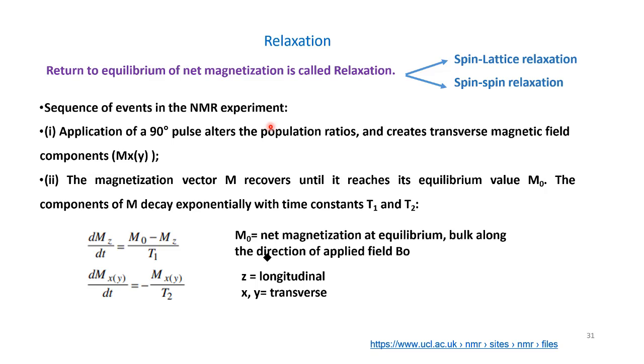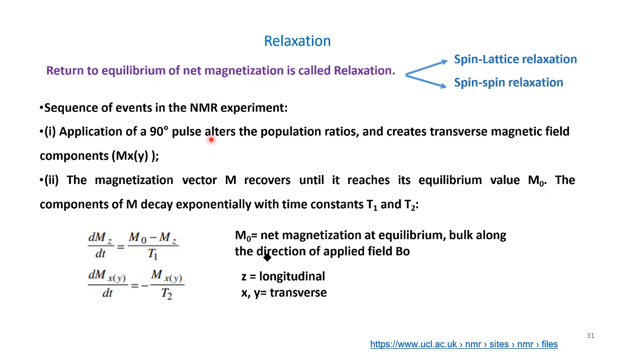The sequence of events in the NMR is application of a 90-degree pulse, which alters the population ratios, that is, the number of nuclei at the lower level and at the higher level, and creates transverse magnetic field components. So we get a magnetic field in response to the radio frequency which we applied.